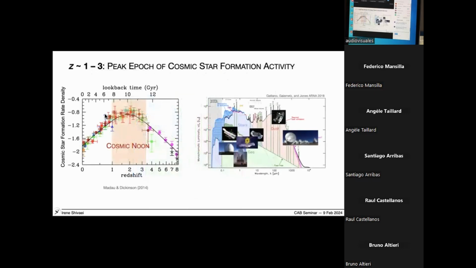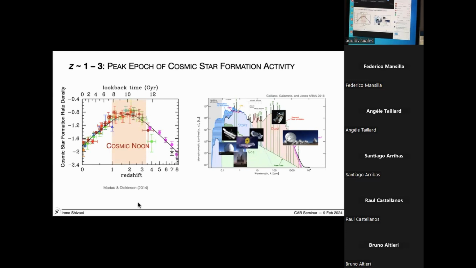So my research mostly focuses on an era in the universe that is called cosmic noon, redshift 1 to 3. This is an important era to study chemical evolution and star formation in the universe, because this is when the universe reached the peak of star formation and black hole activity, and galaxies assembled most of their stellar mass during this epoch.